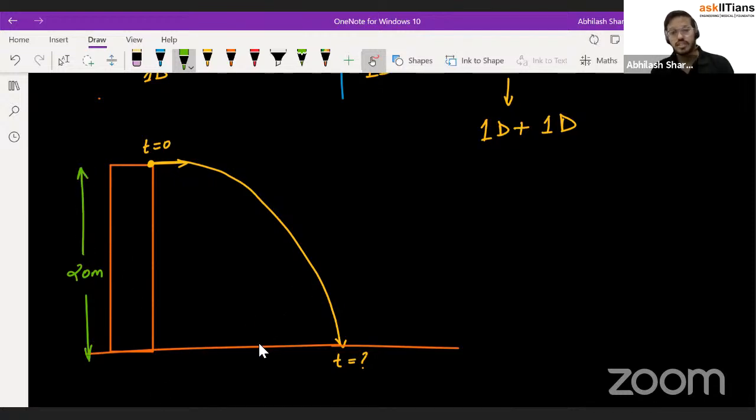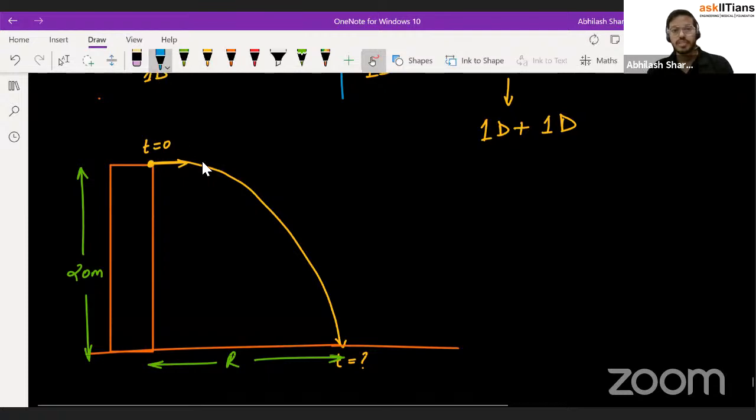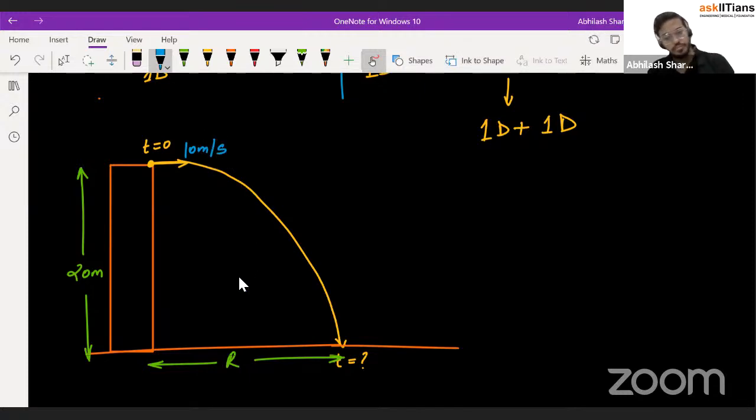We are also asked how far away it hits the ground, like this. And all we have been told is the speed with which it has been thrown: 10 meters per second. That is the speed of projection.